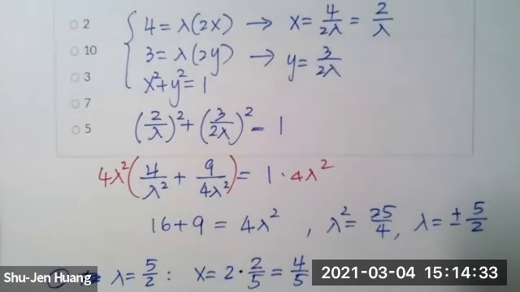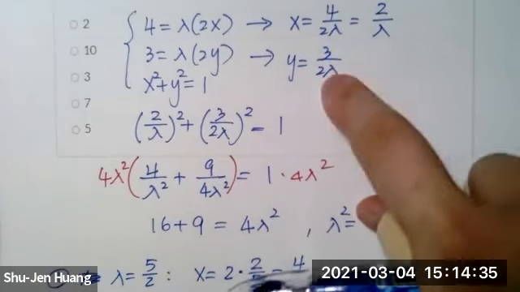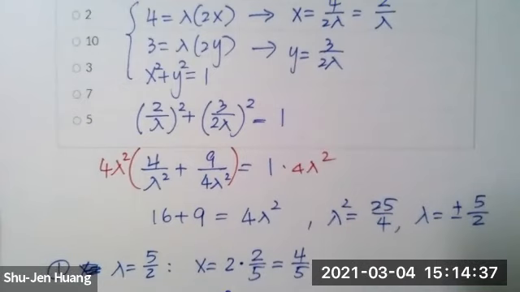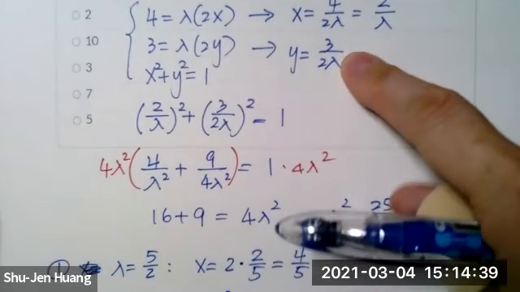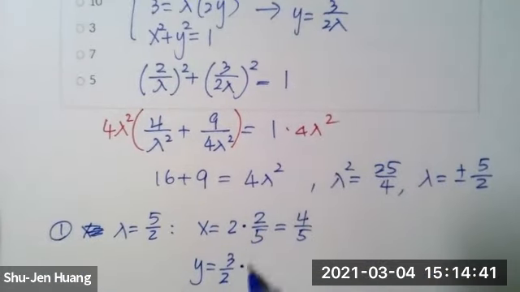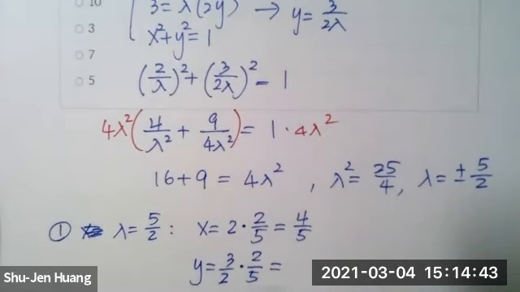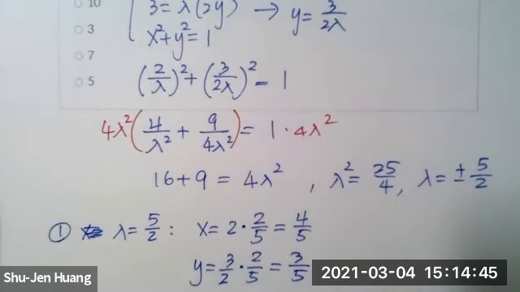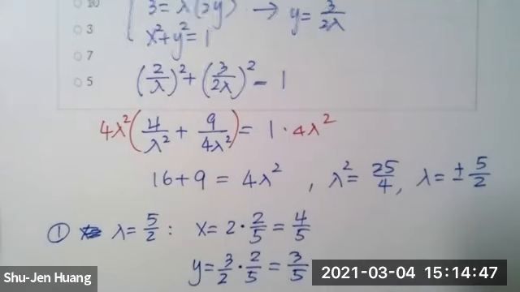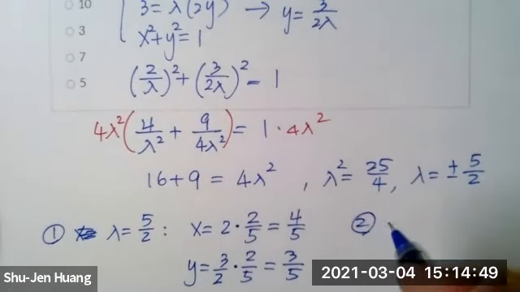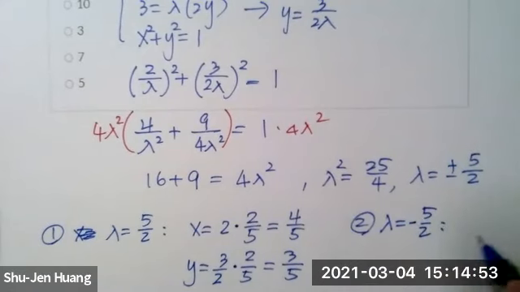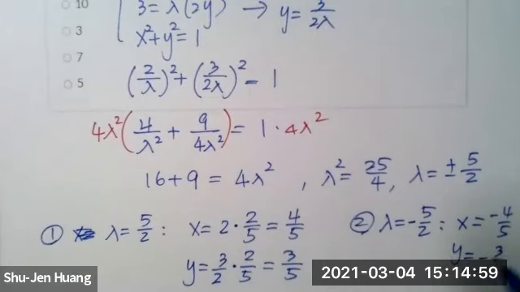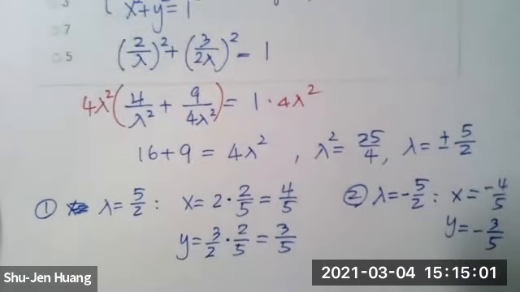And y equal to 3 half times the reciprocal of lambda. The reciprocal of lambda is 2/5. So we have 3/5 here for the y value. And the second case is when lambda equal to -5/2, then you're going to get the x, y value here. Just the difference is the sign.